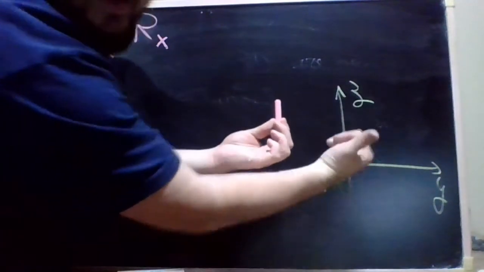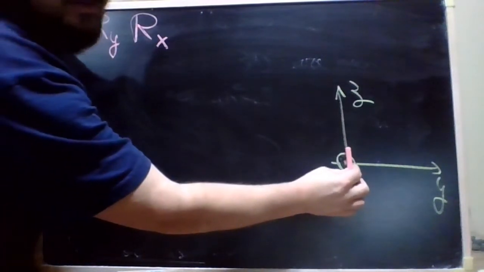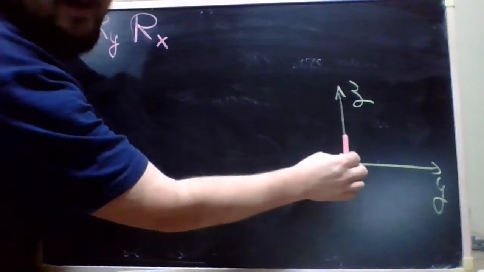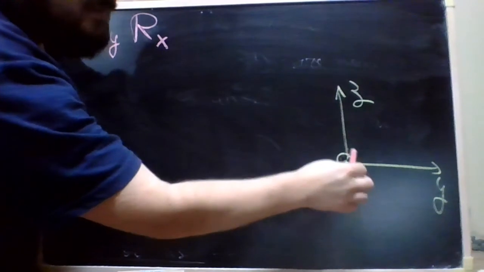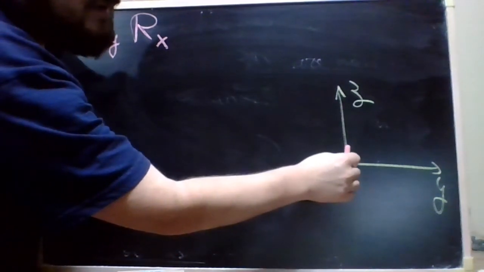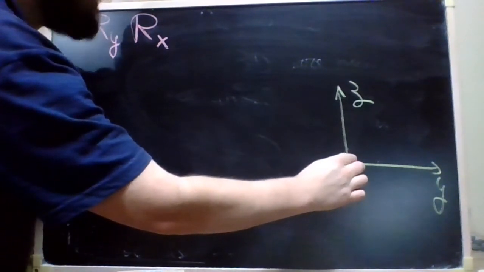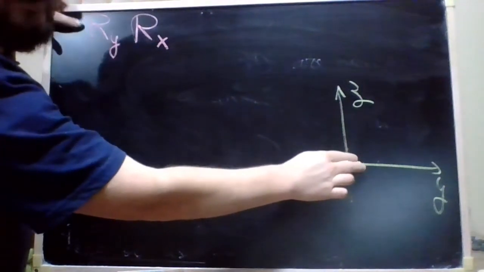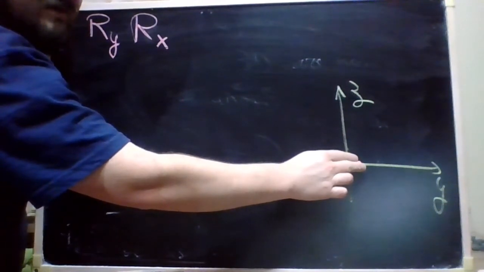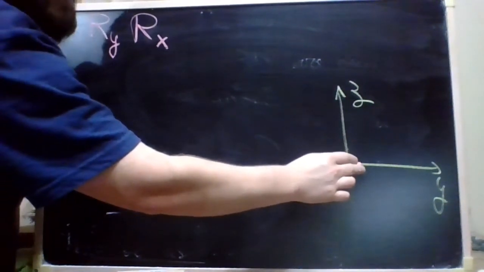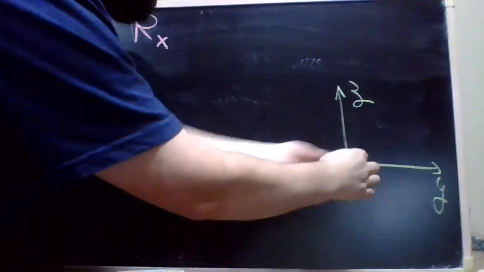So the right hand rule applies here. So consider this is the initial position of the chalk. It's oriented along the z-axis, and we rotate it 90 degrees with respect to the x-axis. So we rotate x 90 degrees. All right, and then we rotate y, this rotation y here, by 90 degrees. All right, we will rotate 90 degrees with respect to the y-axis. So we need to perform a rotation along the y-axis.